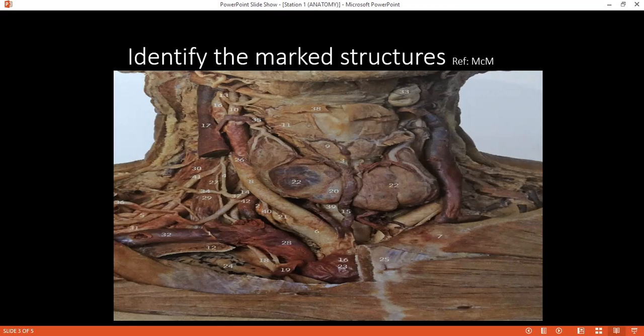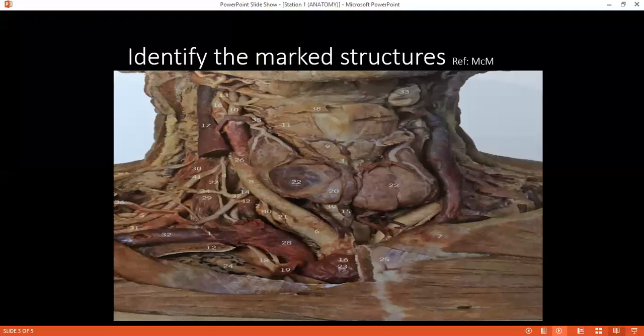In the muscular triangle, we have the thyroid cartilage, the thyroid gland, and the recurrent laryngeal nerves. And in the carotid triangle, there's the carotid sheath, which contains the common carotid, internal jugular, and the vagus nerve with the sympathetic chain.